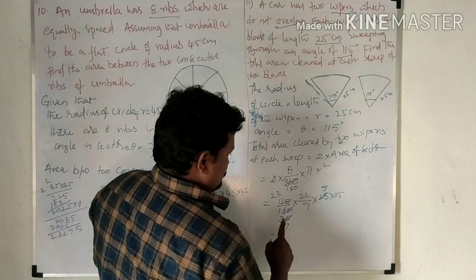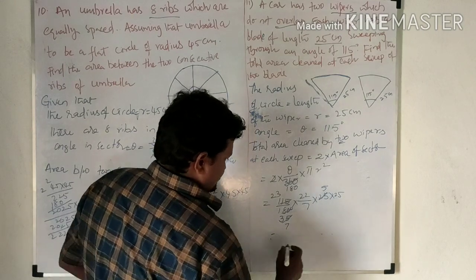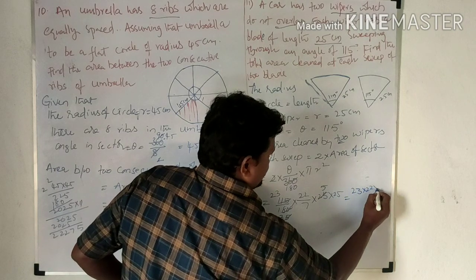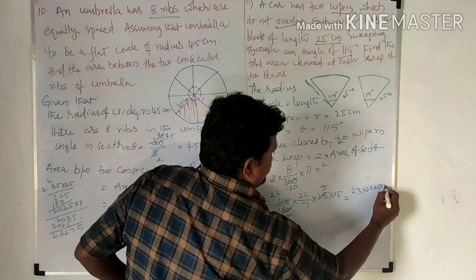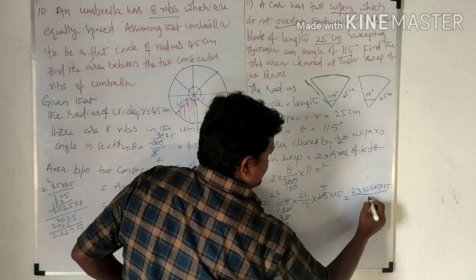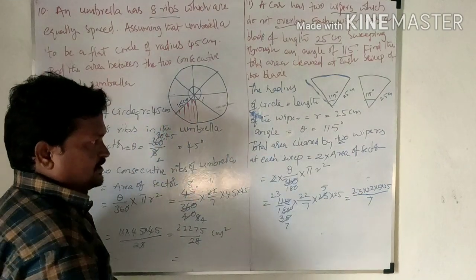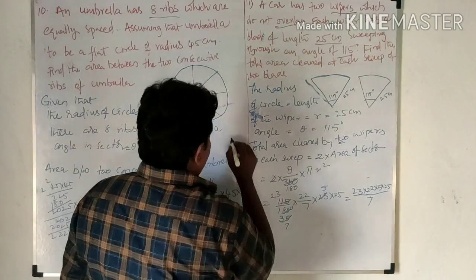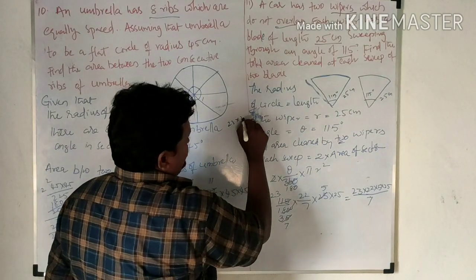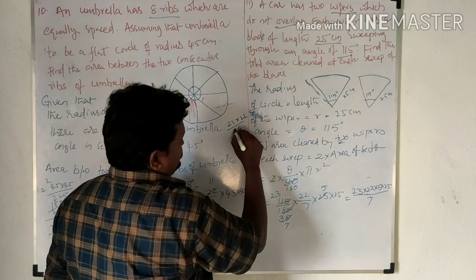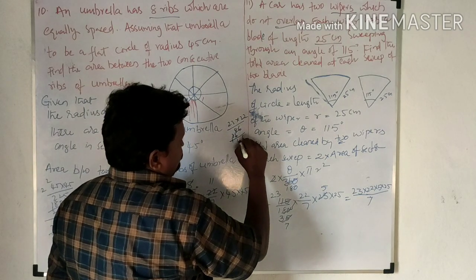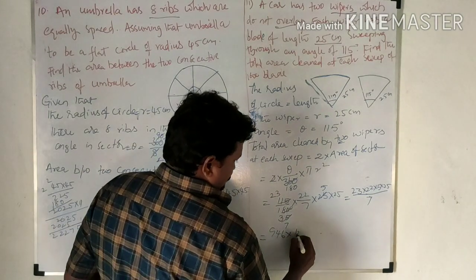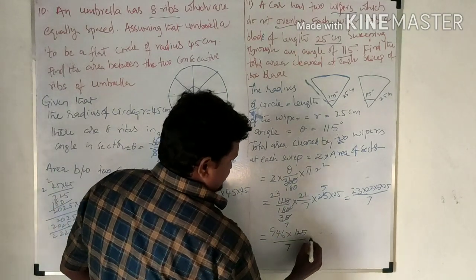So now see that there is no cancellation. Now here it is 23 into 22 into 5 into 25 by 7. Now 25 fives are 125. So 23 into 22 is 506, into 25 fives is 125, by 7.